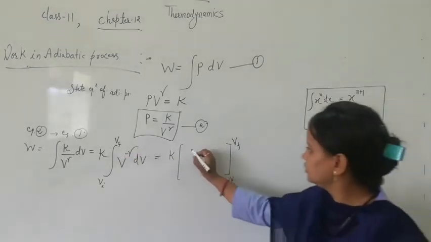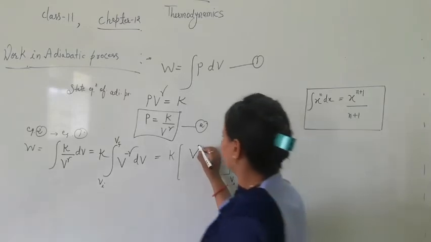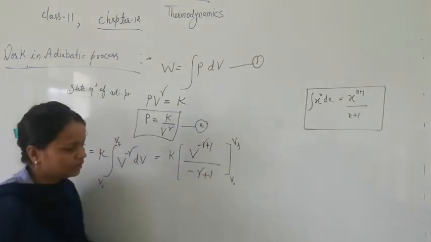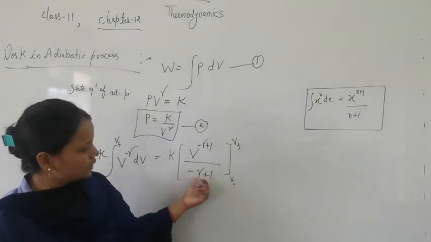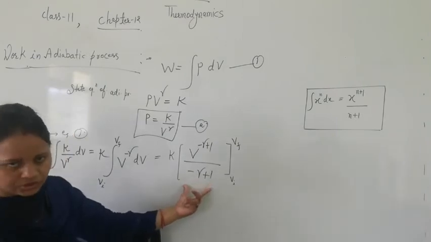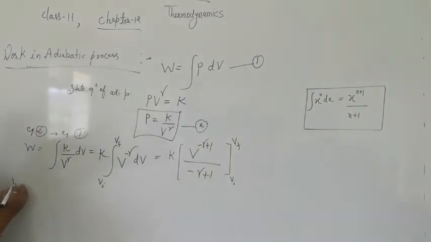Then we get V raised to the power minus gamma plus 1, upon minus gamma plus 1. Look at this term: minus gamma plus 1, I mean 1 minus gamma, is a constant term. Then W is equal to K upon 1 minus gamma.